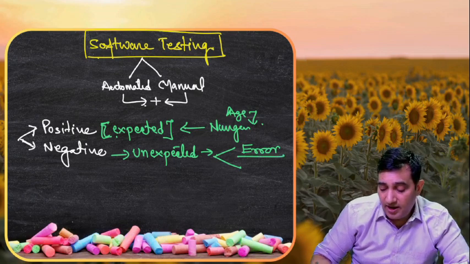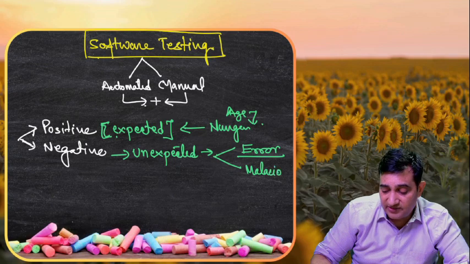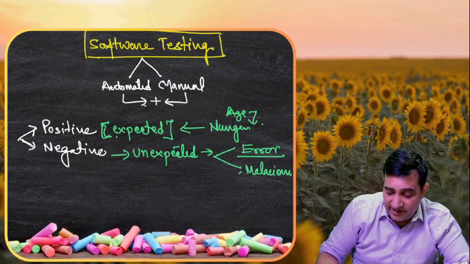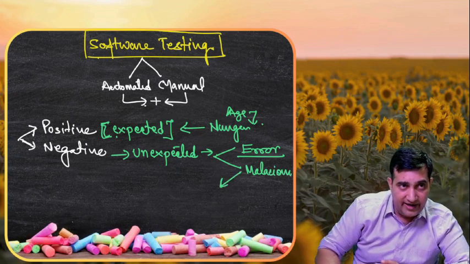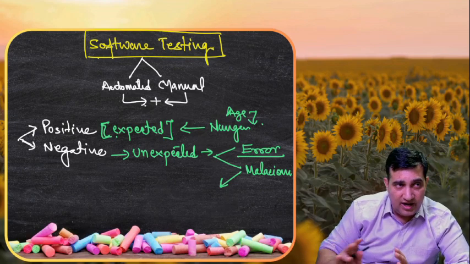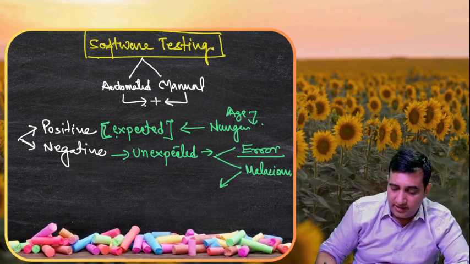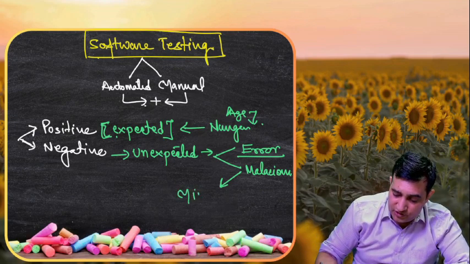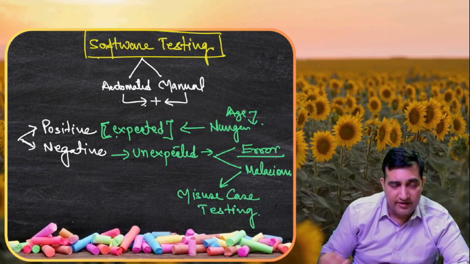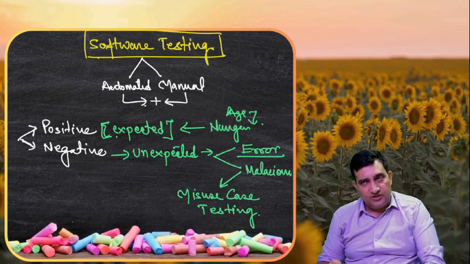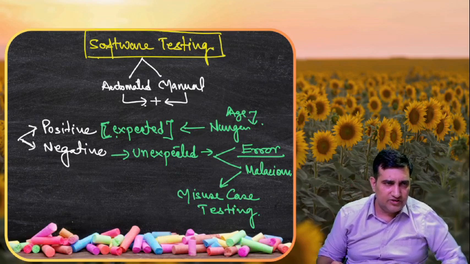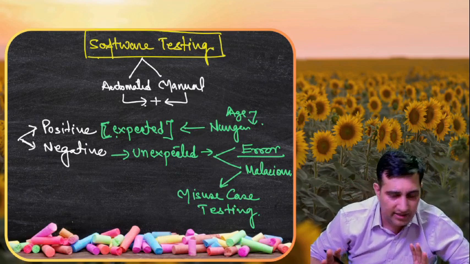And the second can be because of malicious intention. And when we test a particular application against a malicious use, against a wrong intent, it is also called misuse case testing. So these are important things which you must know beforehand, right?